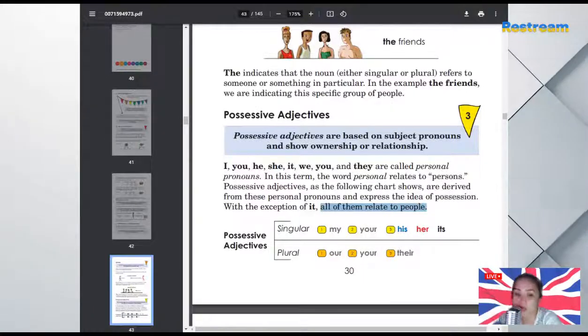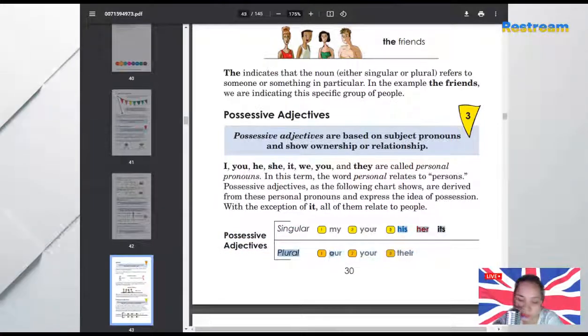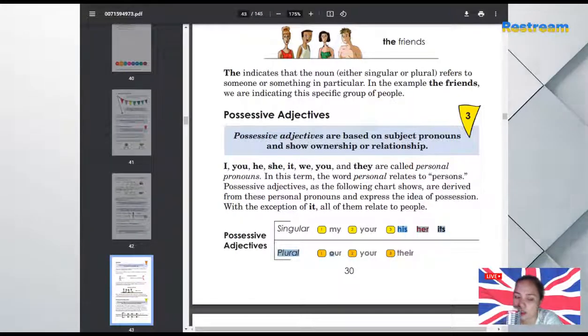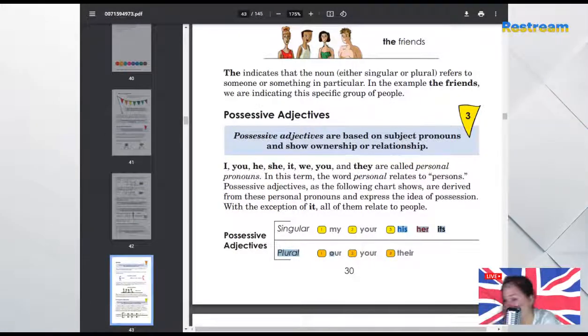For the personal pronouns, we also have singular and plural, so we call them possessive adjectives, singular and plural. What does it say again when we say singular? Who remembers? How about the plural?